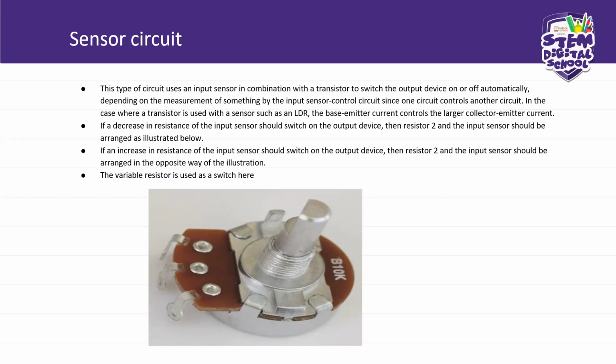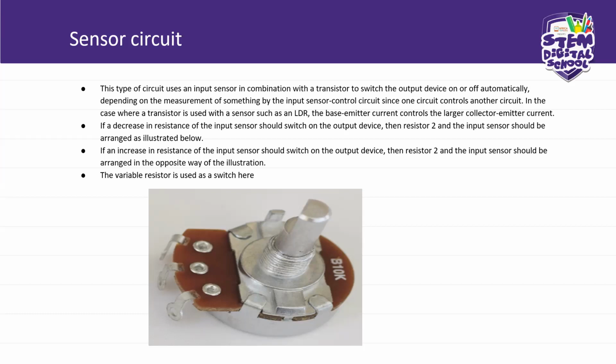Let us say in your circuit, you have an LDR. Your LDR is your sensor component. You will put the LDR with an output component that will show light. I prefer the one that shows light. Or a buzzer, which will emit sound. That's your output component.